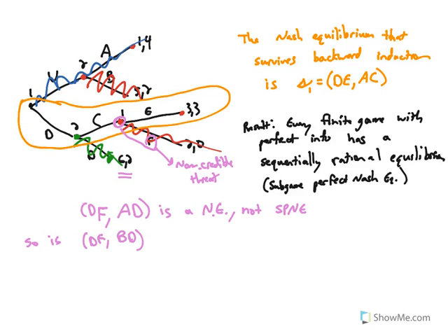In this game, DF-AD was not a subgame perfect Nash equilibrium, because player 1, in both cases, is threatening to choose F, but that F does not implement a Nash equilibrium of the subgame with the initial node circled in purple, the second move of player 1.